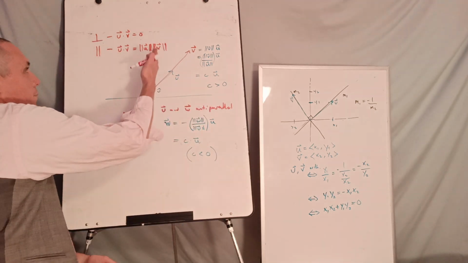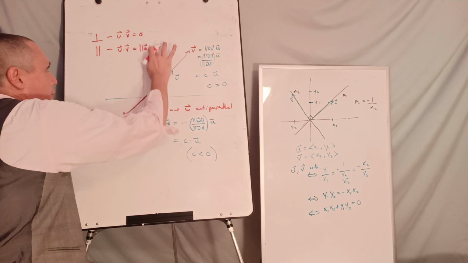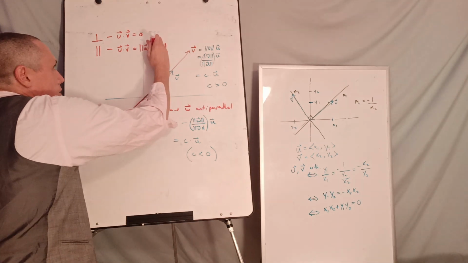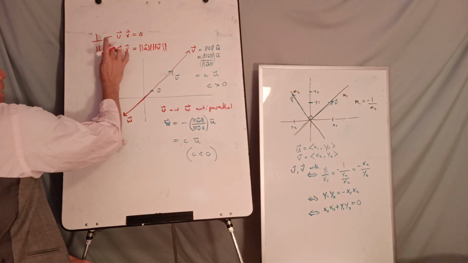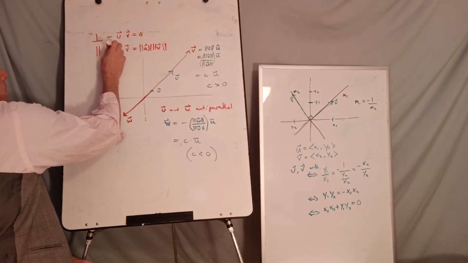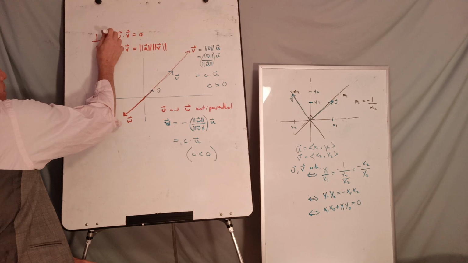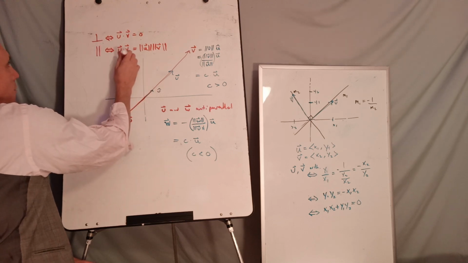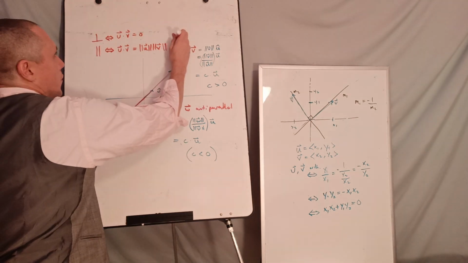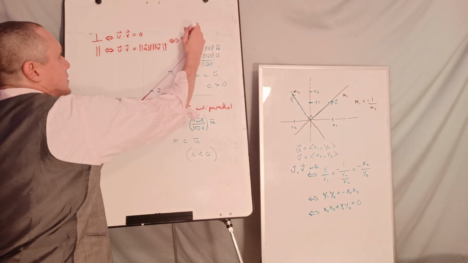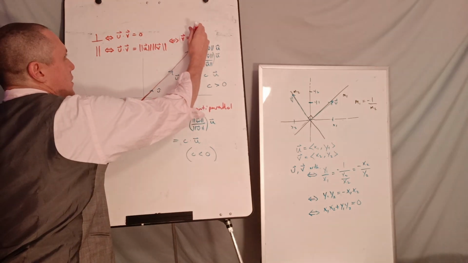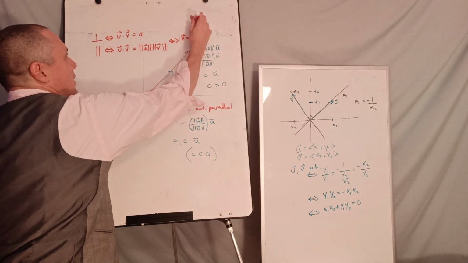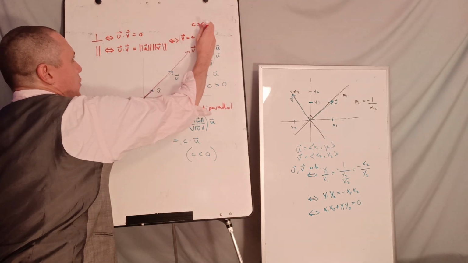So the dot product includes scalar multiplication as a special case when we're talking about parallel things. And we also have it in this case. This is going to be true if and only if v, the vector, is equal to some positive constant times u itself.